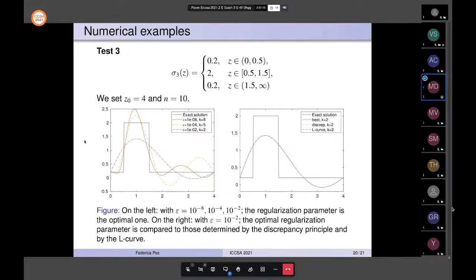As a last example, we consider this non-continuous function, and as in the previous example, the reconstruction is not accurate, but the maximum is recognized. On the left, we reported the reconstruction by applying 3 different values for the noise level. On the right, we reported the reconstruction using the three different ways to estimate the parameter K.